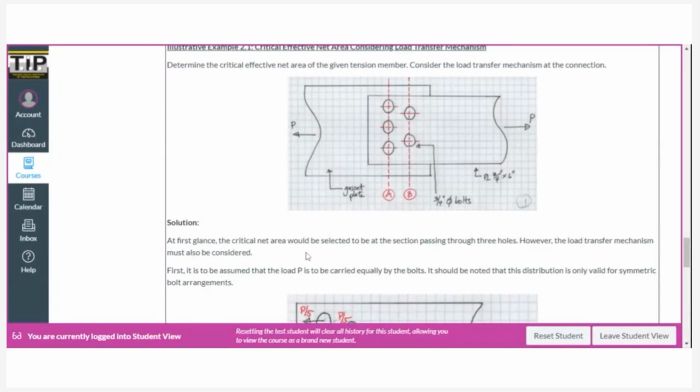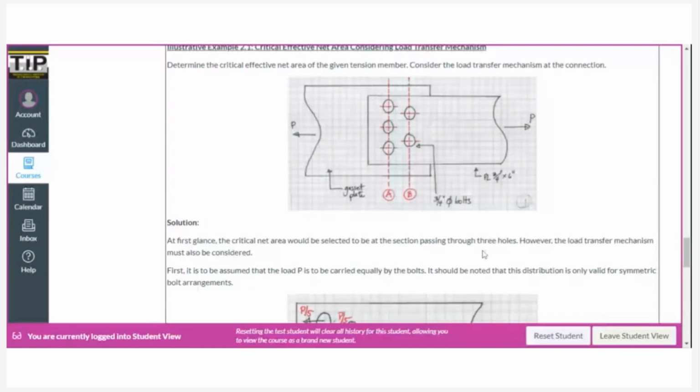However, we cannot just conclude that this would be the critical net area. Why? Because we need to consider the load transfer mechanism.